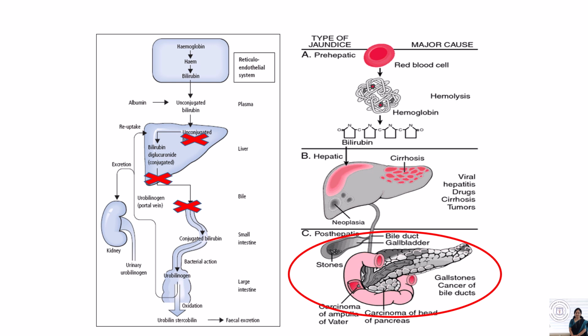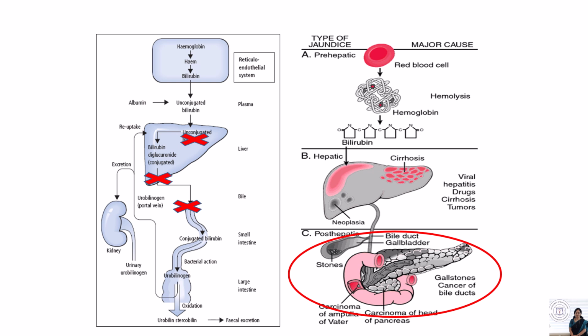The most common cause of obstructive jaundice is gallstones, and the other causes include cancer of the bile duct, that is cholangiocarcinoma, carcinoma of the head of pancreas, pancreatitis, and stones in the gallbladder.